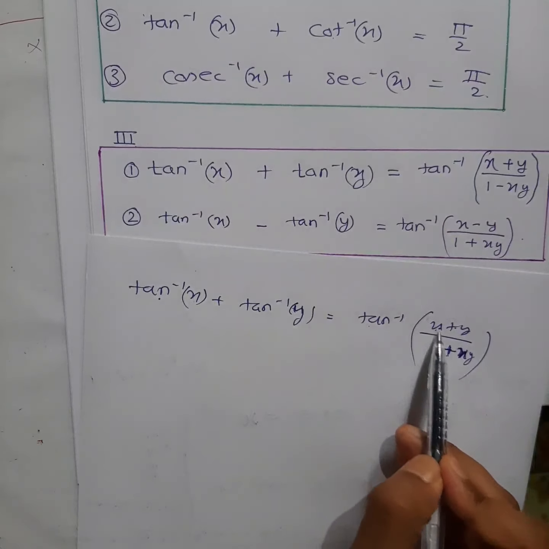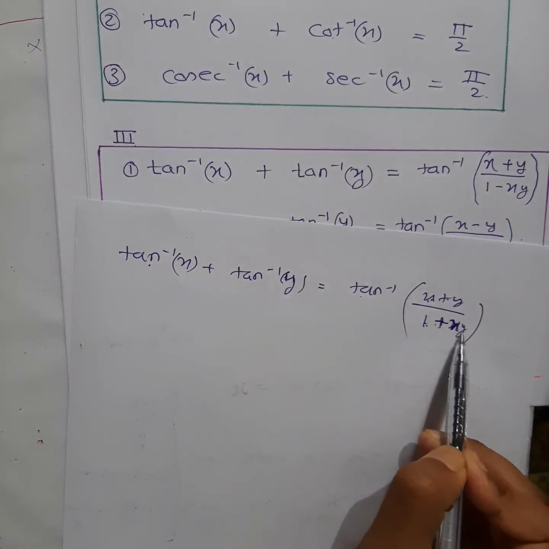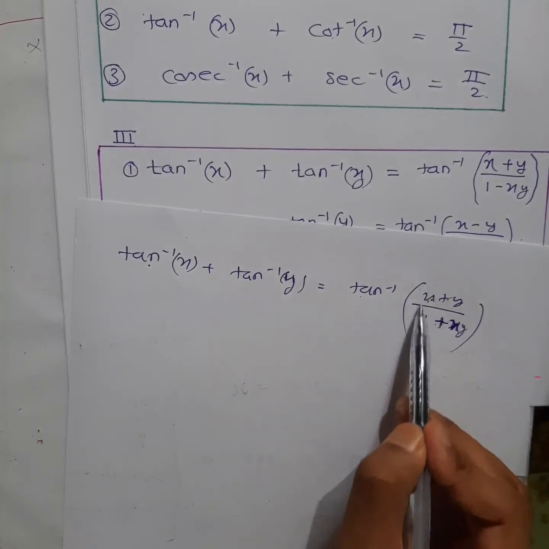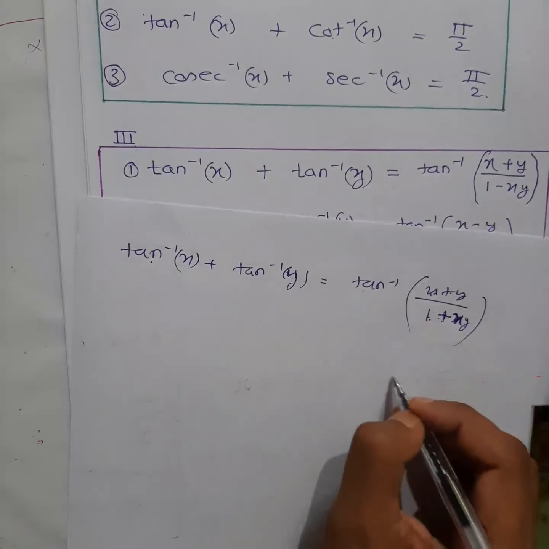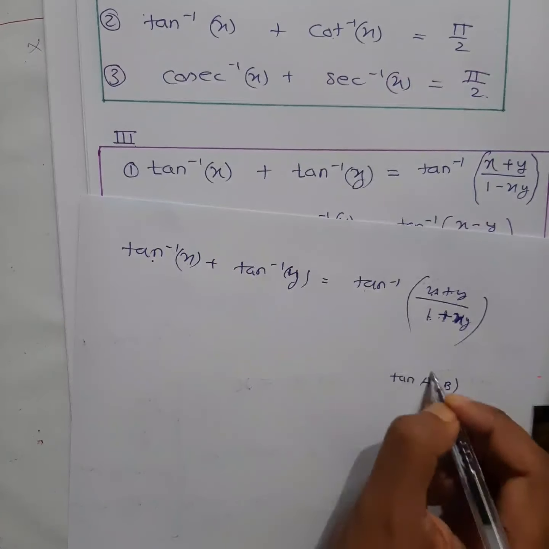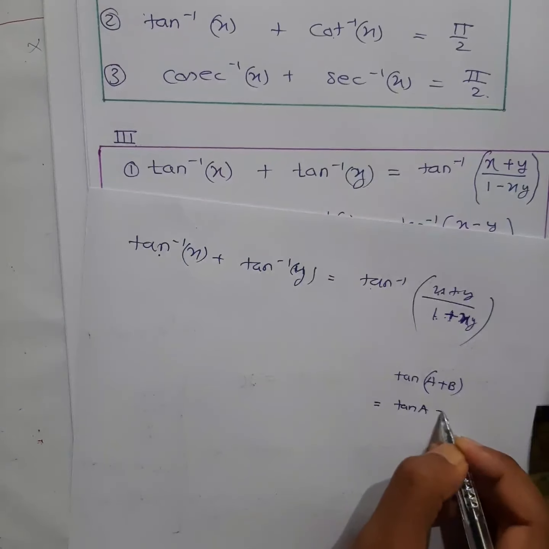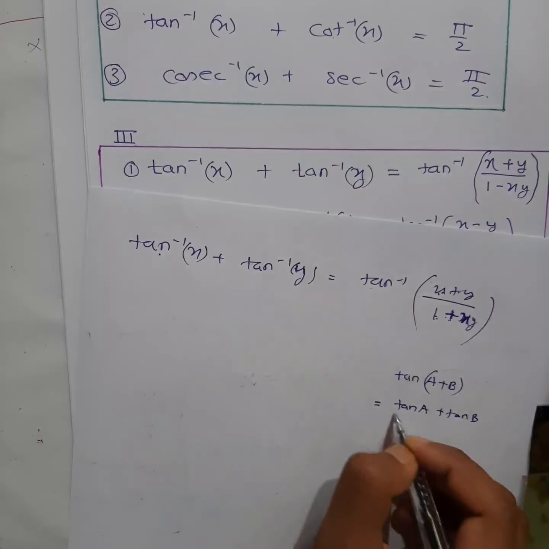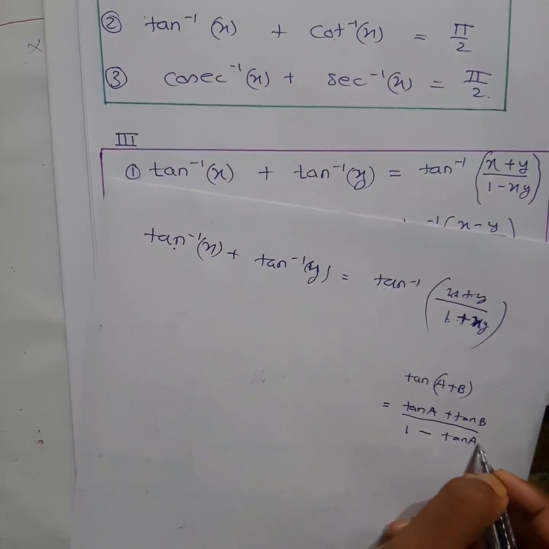Now see here properly, x plus y by 1 plus xy. Does it look like any formula in normal trigonometry? Obviously yes. Remember tan a plus b. What was the formula for tan a plus b? Tan a plus tan b by 1 minus tan a tan b.